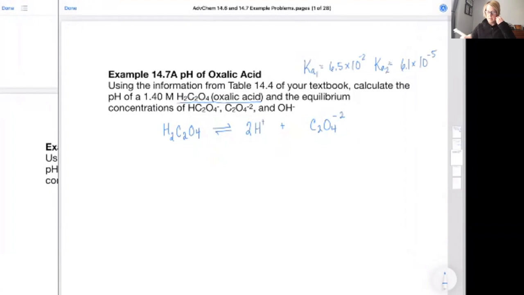In every case that you see on this table, the first proton comes off relatively easy. The second and sometimes third, where it's applicable, does not. Another way of saying this is that the second and third dissociation reactions are generally so far to the left that we can neglect them.